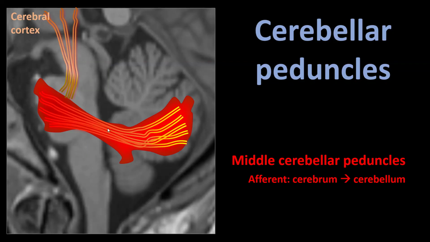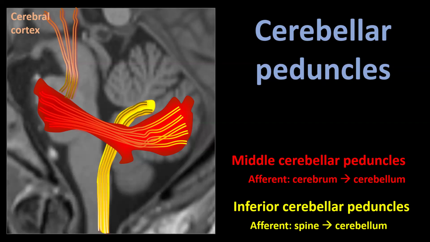So what do the middle cerebellar peduncles do? These are basically the major input highway to the cerebellum. So information from the cerebral cortex is carried into the cerebellum across the middle cerebellar peduncles.